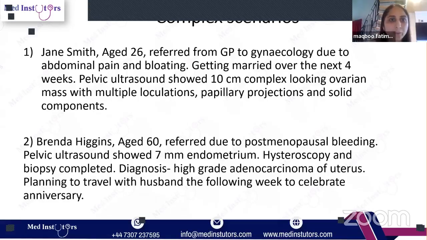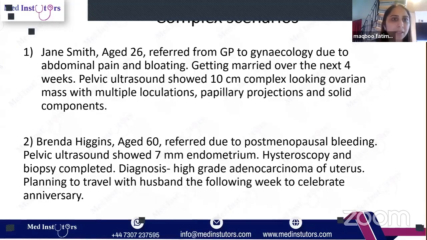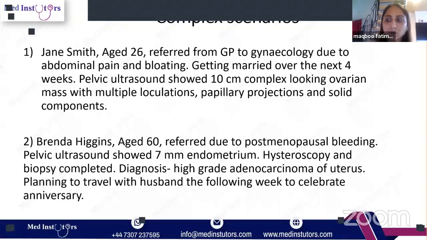Jane, let me draw for a better understanding. This is the womb, these are two tubes, and these are the ovaries. Every month, the ovaries produce an egg for getting pregnant and getting a period every month. But sometimes fluid-filled cysts appear in the ovaries, and sometimes these cysts are not so simple.